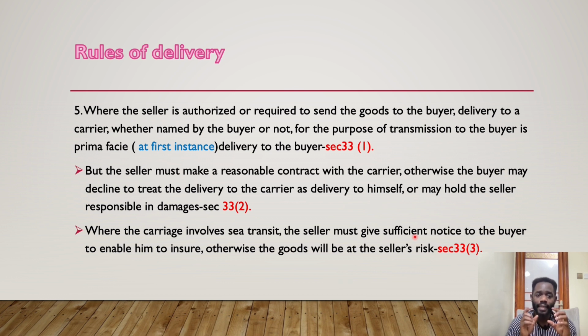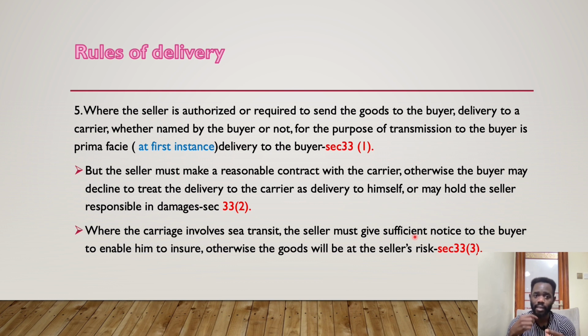In any circumstance where the seller does not give this sufficient notice, then any risk that happens to that particular car while it is in transit will be the seller's risk. And this is in accordance with section 33(3) of the Sale of Goods Act.